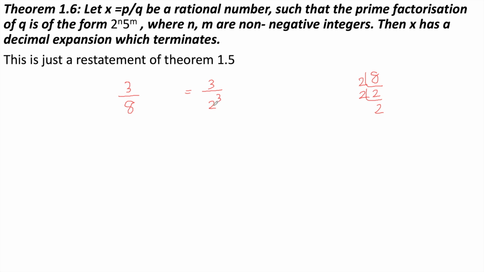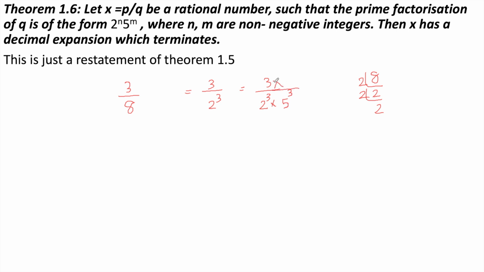So how will we conclude whether this has a terminating or non-terminating decimal expansion? Actually, if the denominator is either a multiple of 2 or a multiple of 5, we can convert it into a power of 10. That means 3 by 2 raised to 3. If I multiply with a power of 5, always the power we should take is the same as the power of 2, 5 raised to 3.